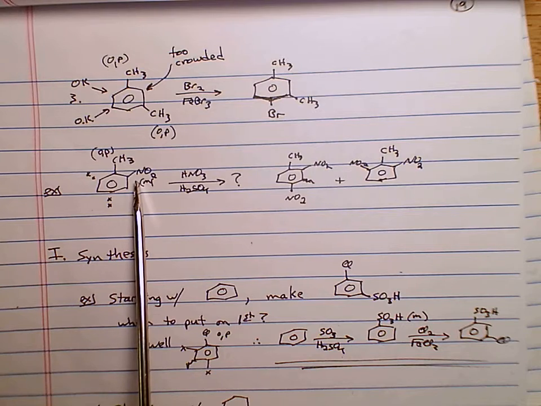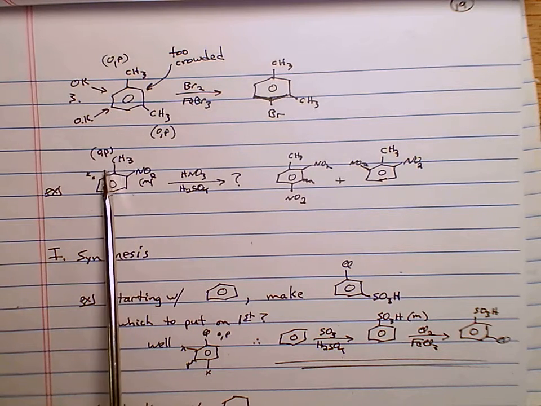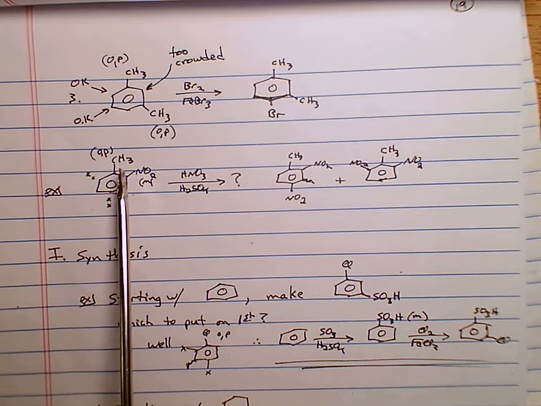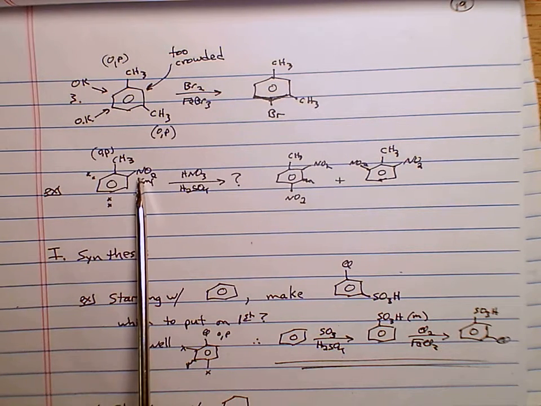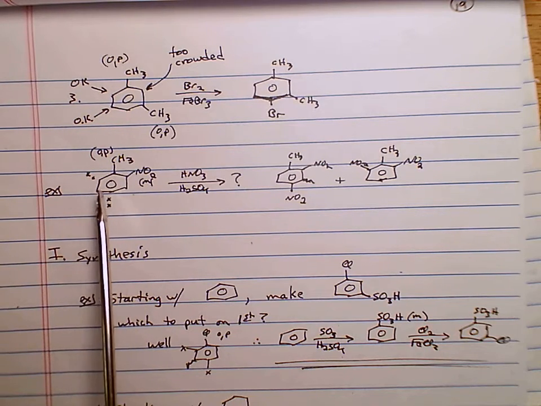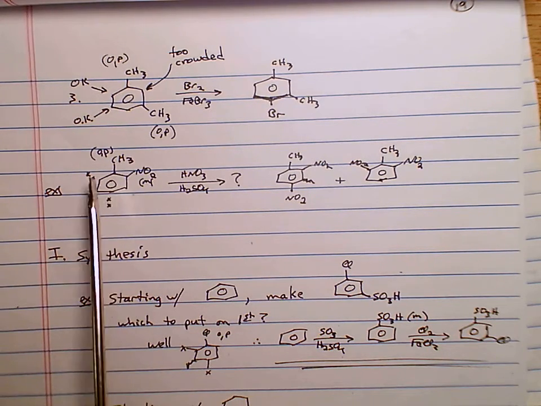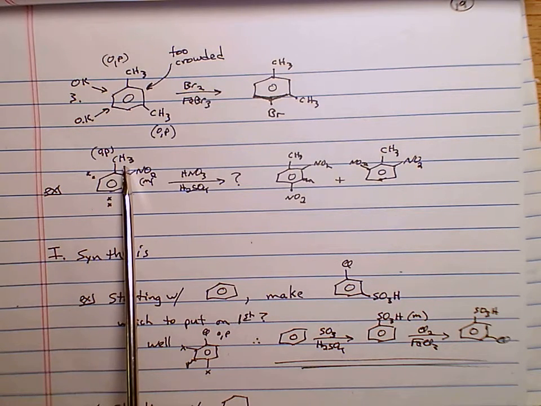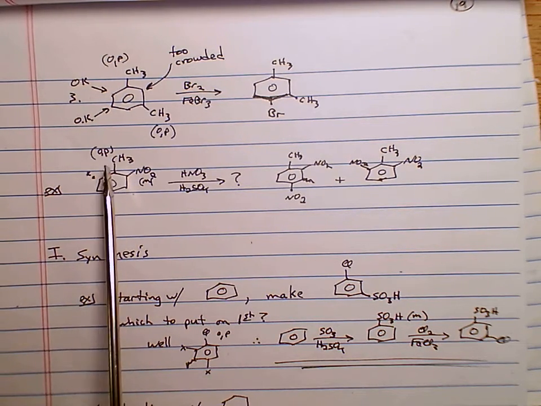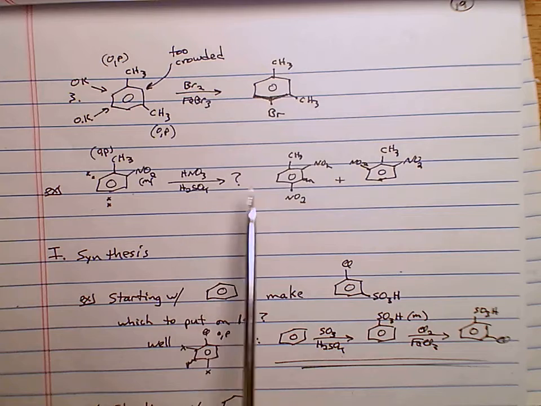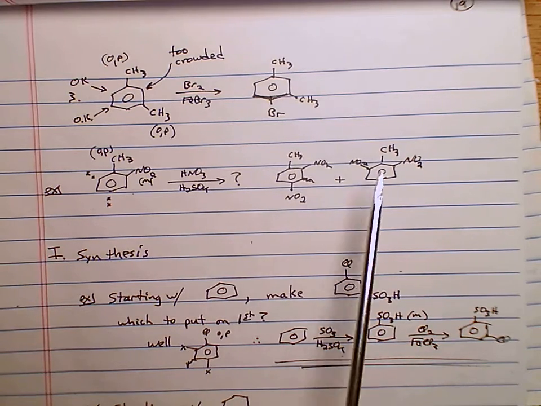It's a very strong meta director, so truthfully, the methyl doesn't have much to say in it. But either way, the very strong nitro deactivating meta director wants to put the next nitro group meta here, and the methyl group here is an ortho-para director, so ortho to it is here, and para is here. So either way, the next nitro group goes down here or here.